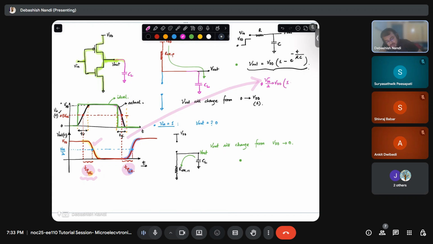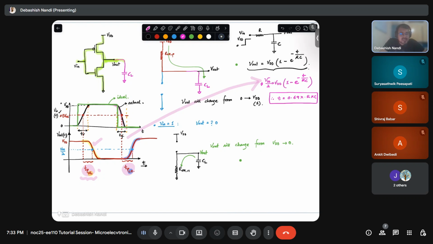So this will be 1 minus e to the power minus t by RC. If you simplify, your T will become 0.69 times R times C. This 0.69 comes from the natural log of 2. You just simplify it and see.